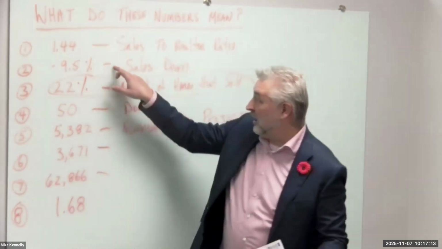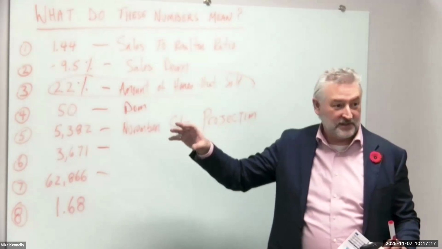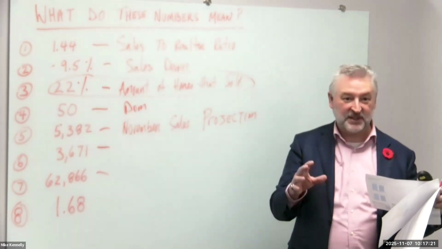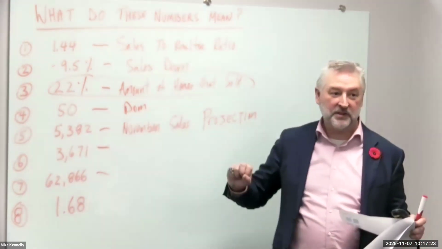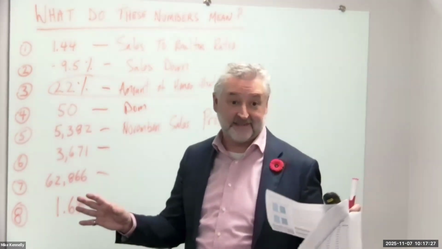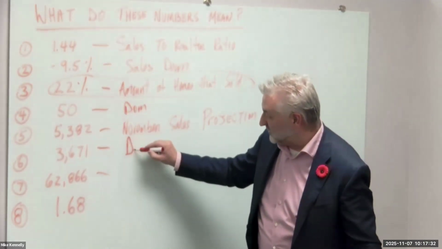Because the market dropped 9.5%, I used that math to diminish the 5,000-odd sales from last year and came out with that. Everyone understand that? It's just a projection, it's a best guess.